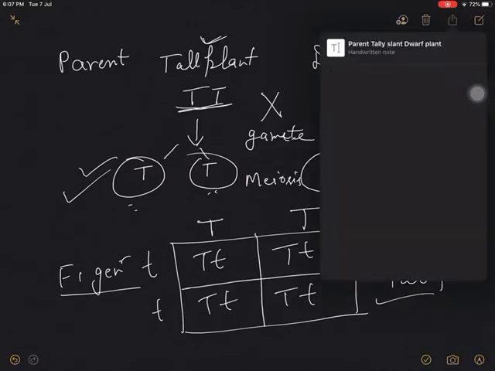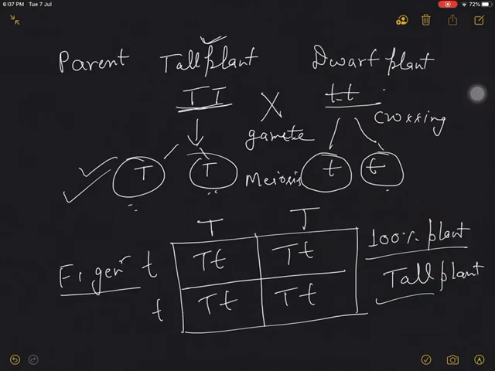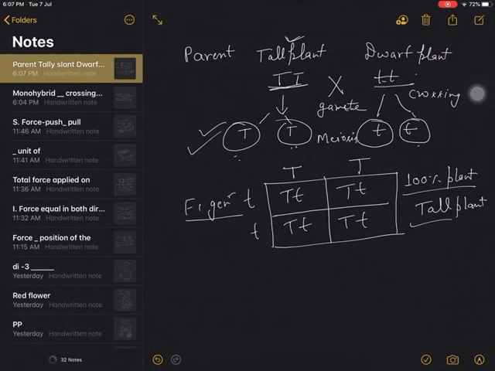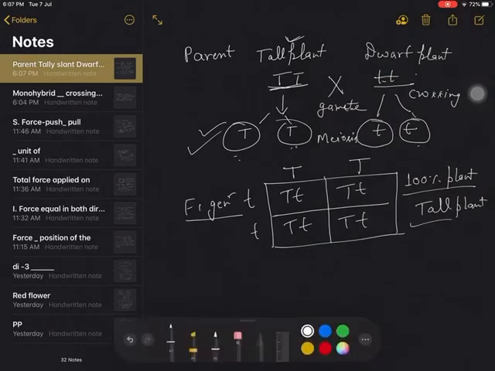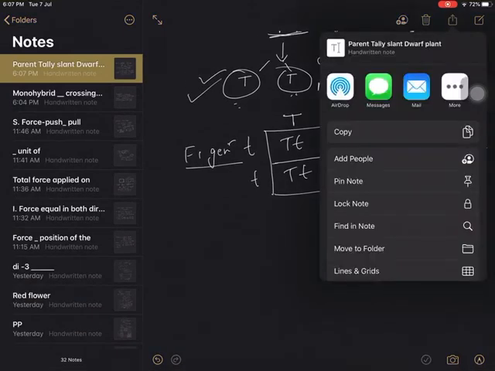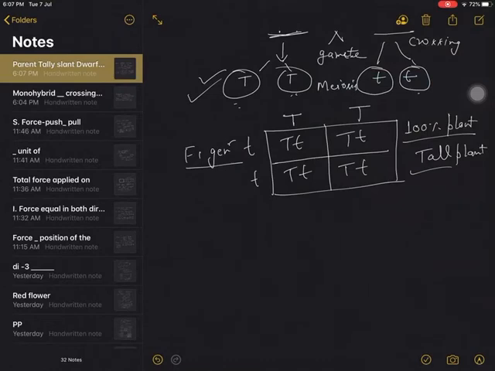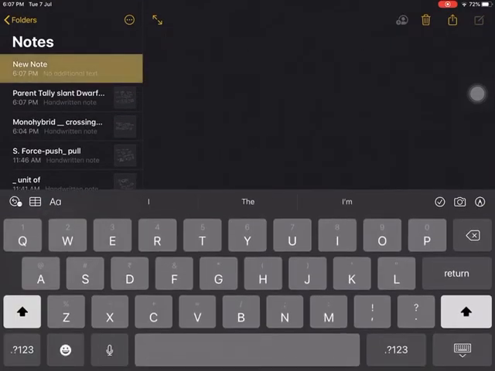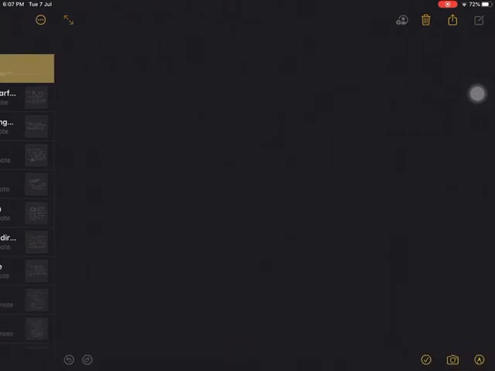Again, what he explained? This is very clear that F2 generation.